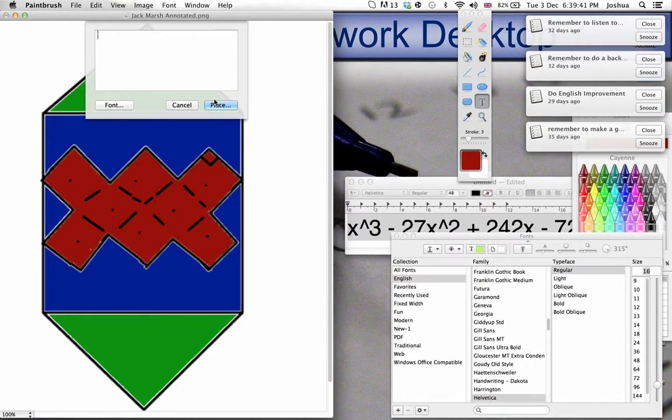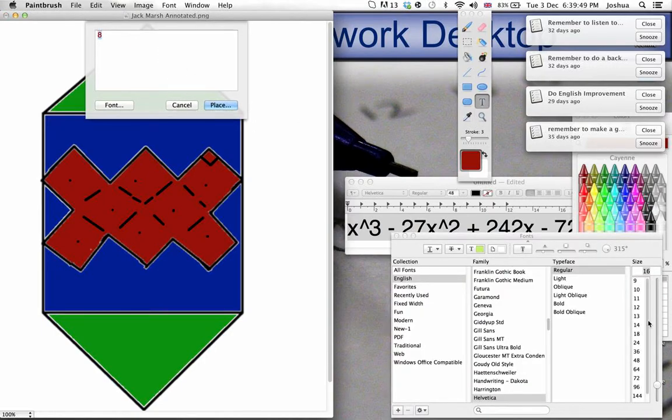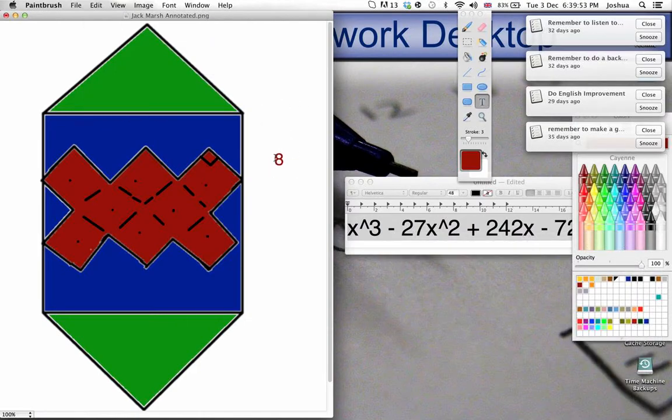So, 8 in the red. No, we need a bigger font. Let's try it again. 8, let's go up a couple of notches, there we go. So the area of the red is 8. Now let's work out the area of the 9. So we know that this is a square, as you can see, I hope you can see.